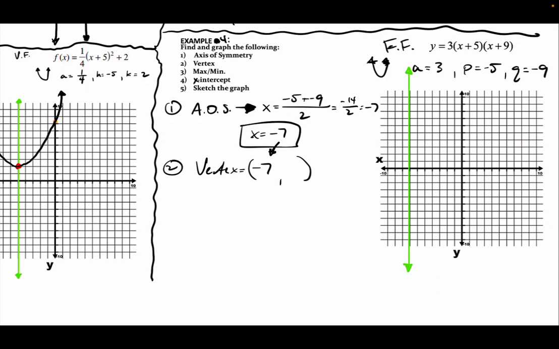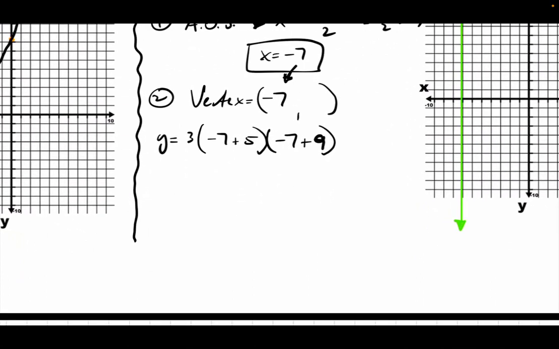Okay, so now we got to find the vertex. So I'm going to take my axis of symmetry, and I'm going to plug it back into the original wherever there's an x. So it's going to look like this. 3, negative 7 plus 5, negative 7 plus 9. Parentheses. So I'm going to do negative 2 and positive 2, because negative 7 plus 5 is negative 2.